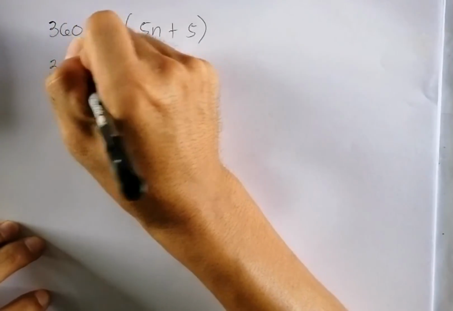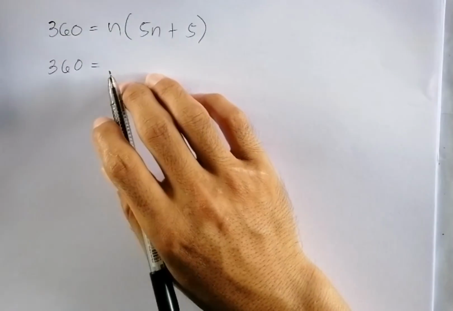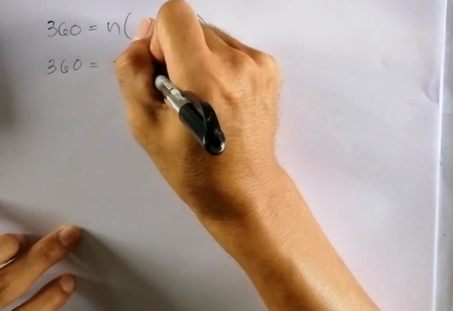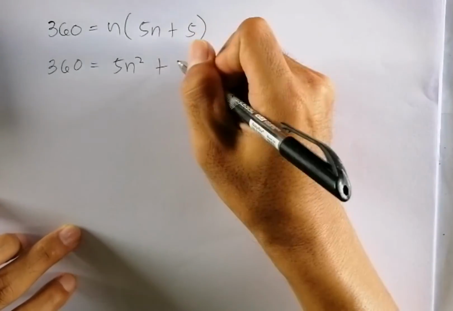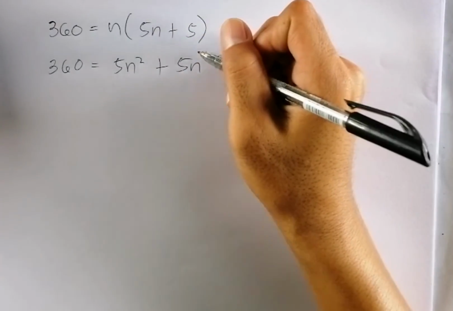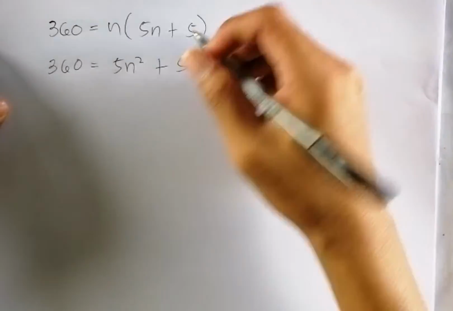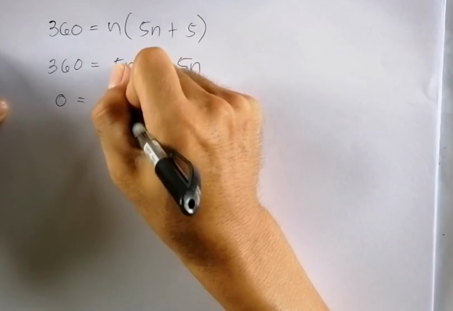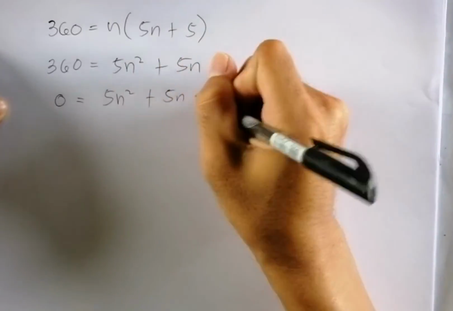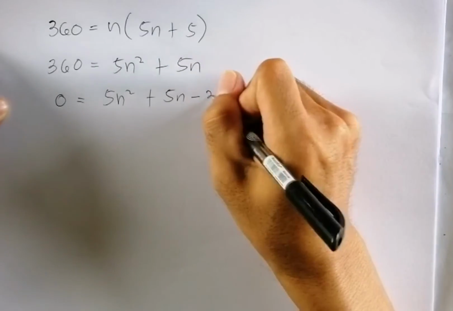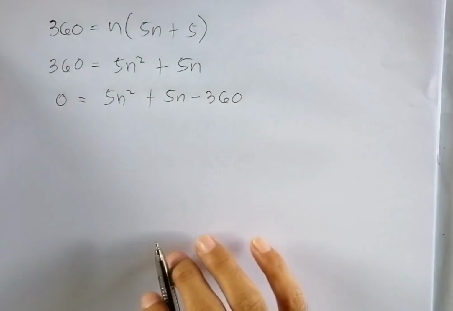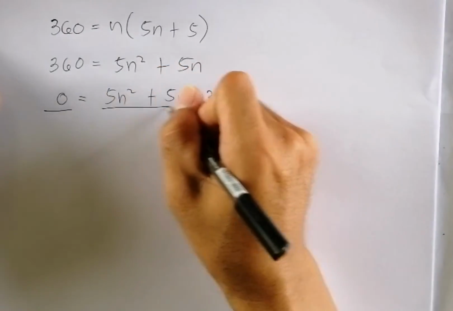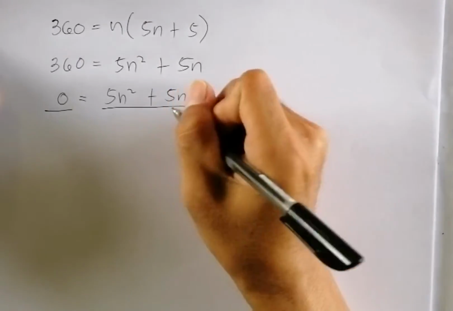Then apply the distributive property. So we have 360 is equal to n times 5n, that is 5n squared. Then n times positive 5, that is 5n. And then transform the equation into standard form. So we have 5n squared plus 5n minus 360 equals 0. Then divide both sides of the equation by 5, since 5 is the common number.